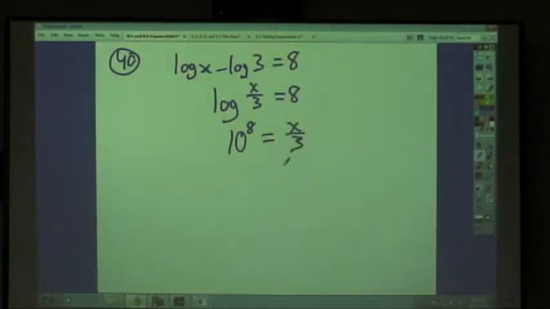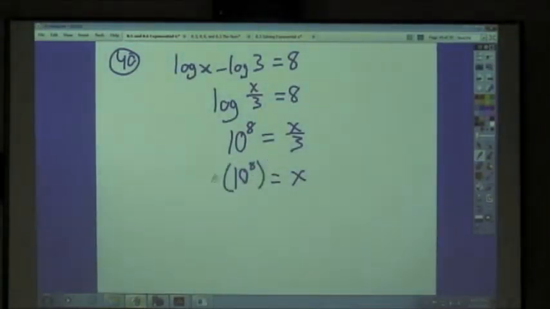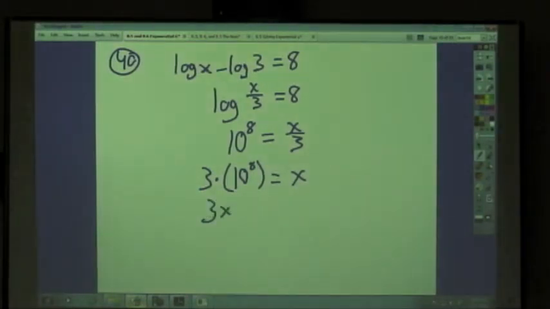And it's not real pretty, but you've got x is going to be 10 to the 8th multiplied by 3. So when you take 10 to the 8th and you multiply it by 3, really you could leave it in that scientific notation that you guys have probably seen in some of your other classes, 3 times 10 to the 8th power.